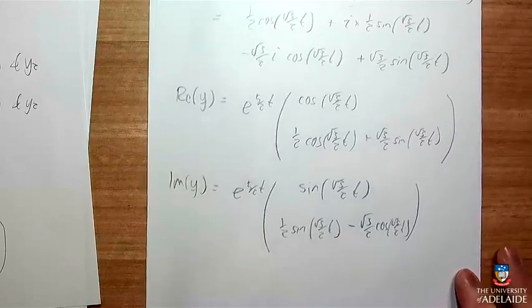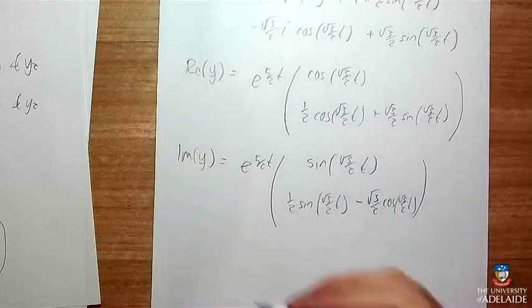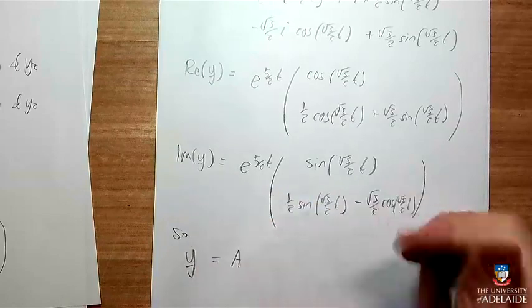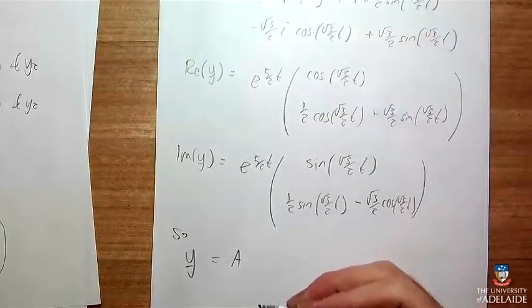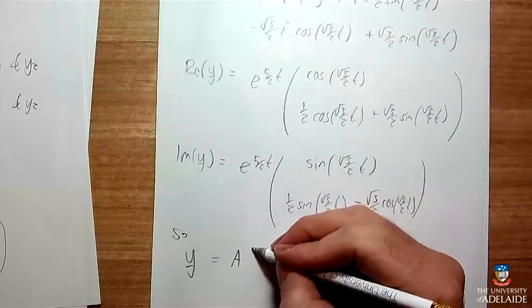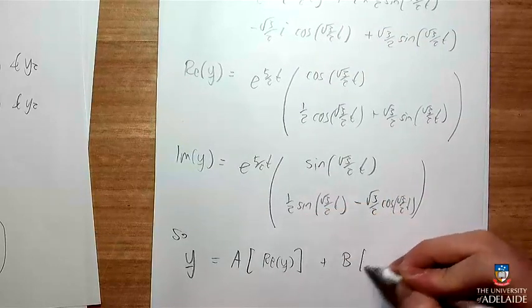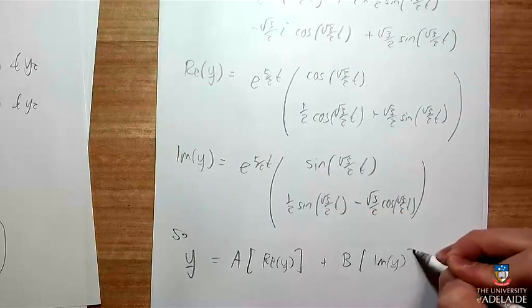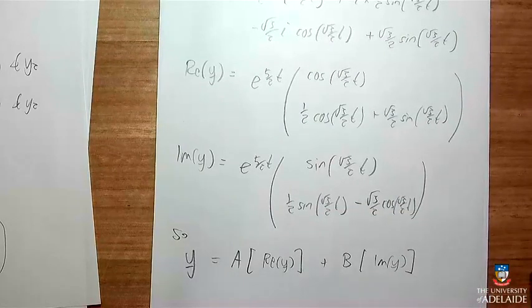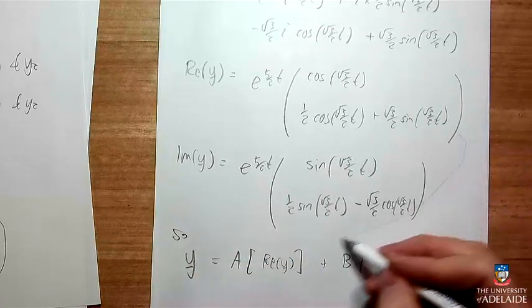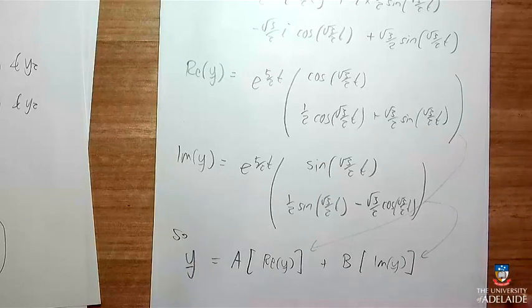And so I get that the actual full solution for y is something times this one and something times this one. If you were doing this properly in the exam, you'd write them down in those positions just here. So this bit goes there and this bit goes there.